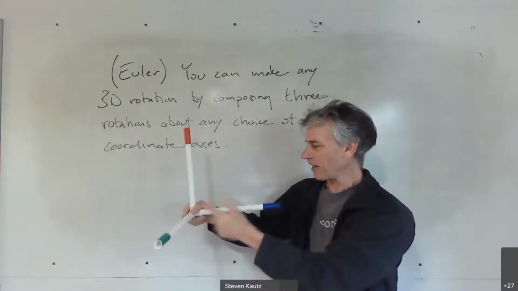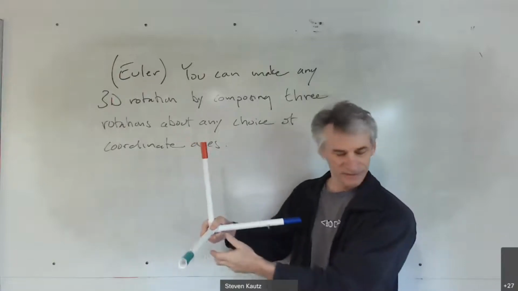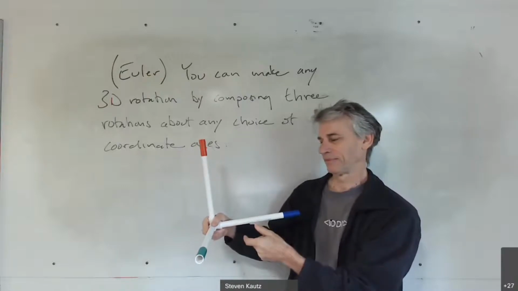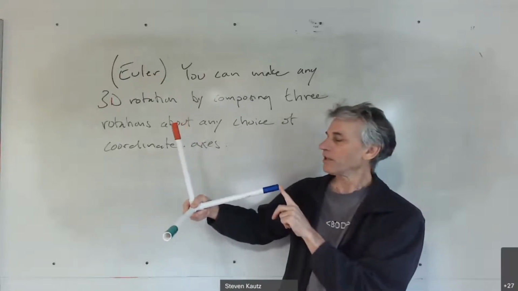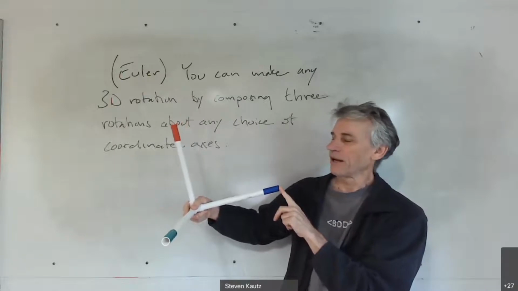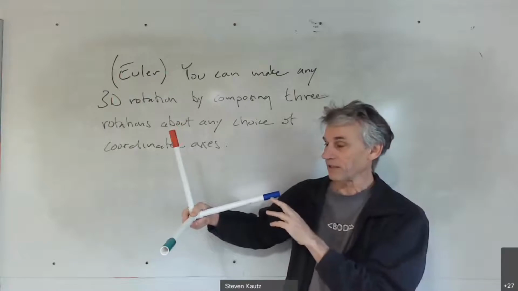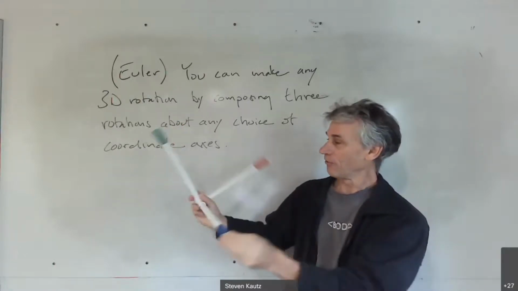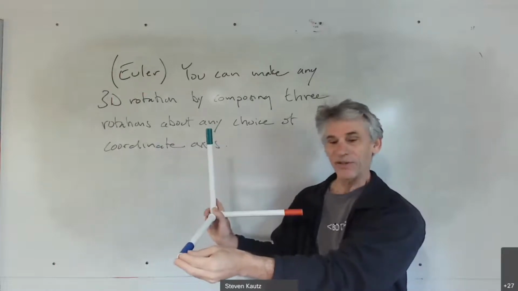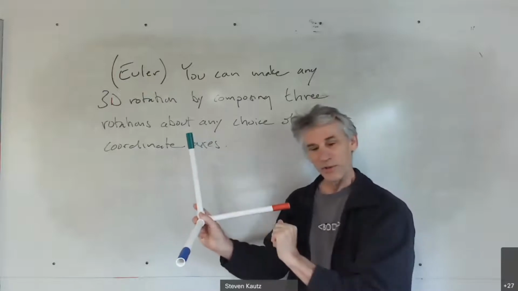Because I'm still aligned with coordinate axes. So the question is, let's try to apply Euler's theorem and say, well, if this is true, then we should be able to get here from here by doing 3 rotations that are aligned with the original coordinate axes.